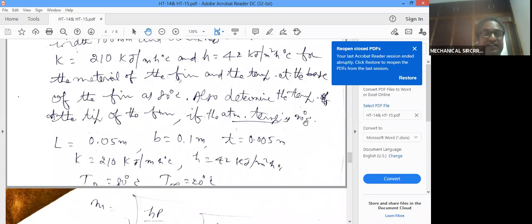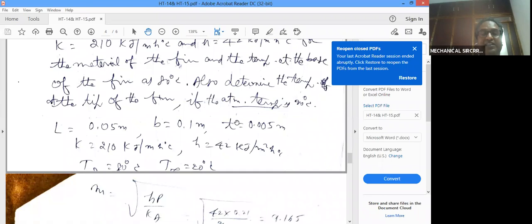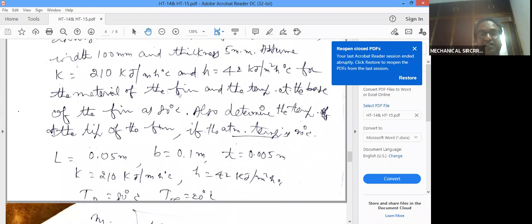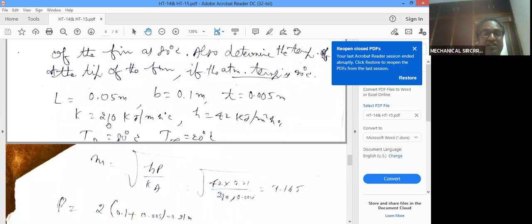So L is given as 0.05 meters, width 100 mm, that is 0.1 meters, and thickness 5 mm, that is 0.005 meters. K is 210 kilojoules per meter per hour degree centigrade. For the time being, you keep this unit as it is.